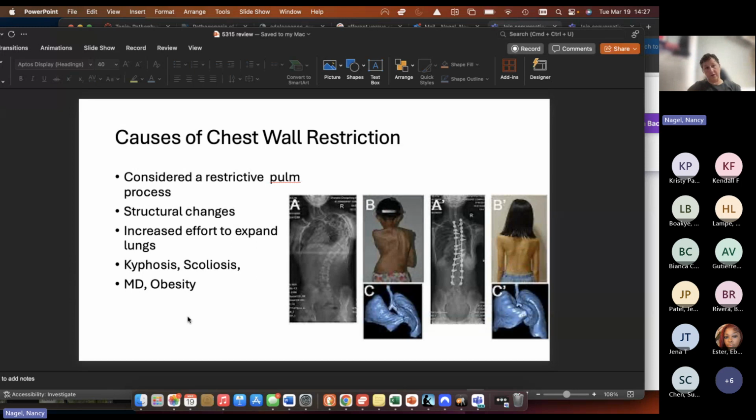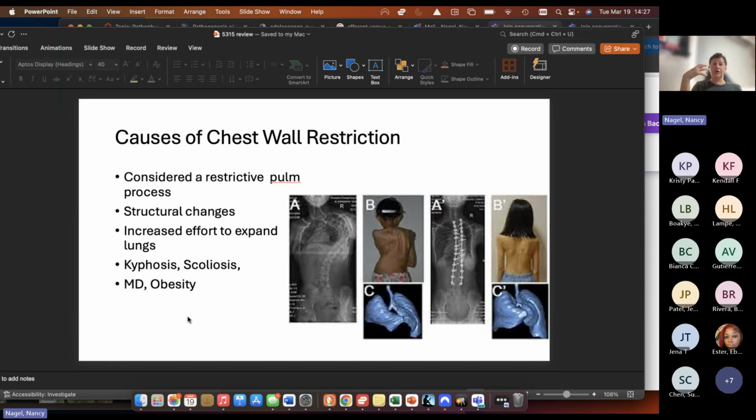Muscular dystrophy occurs at the cellular level, but the reason it's considered under the umbrella of chest wall restriction is because the dystrophy creates a muscular weakness, and the muscular weakness prohibits you from taking in that full breath. It prohibits you from dropping your diaphragm all the way down and getting that full breath in, as well as your intercostal muscles and any of the other muscles that you use.